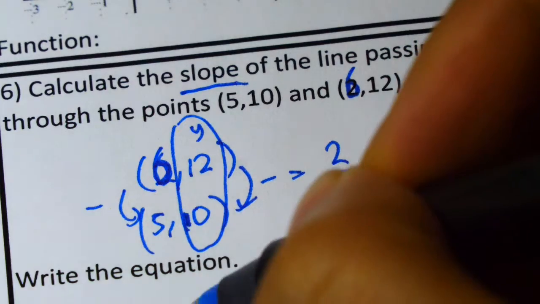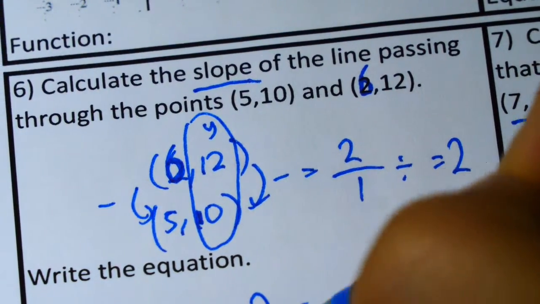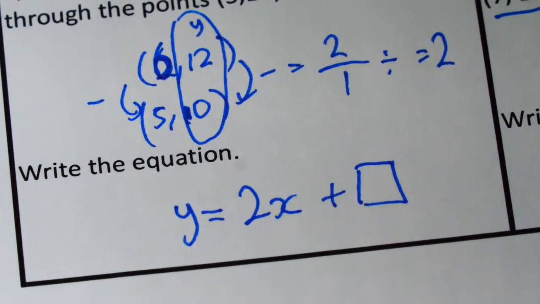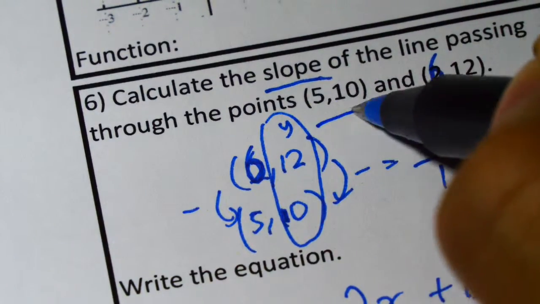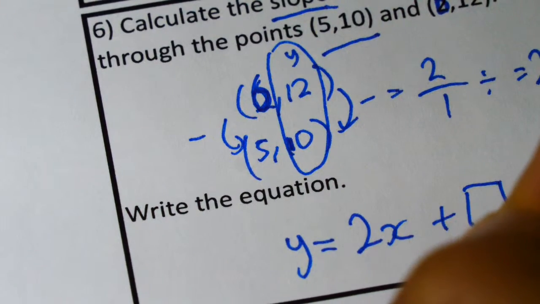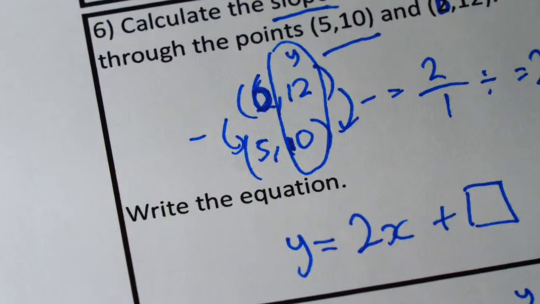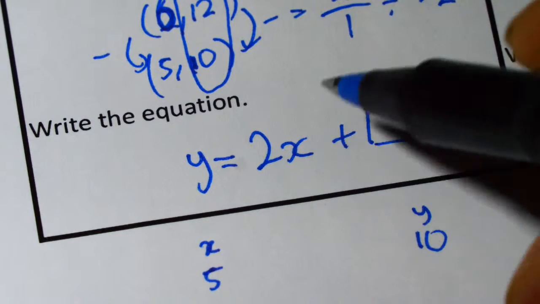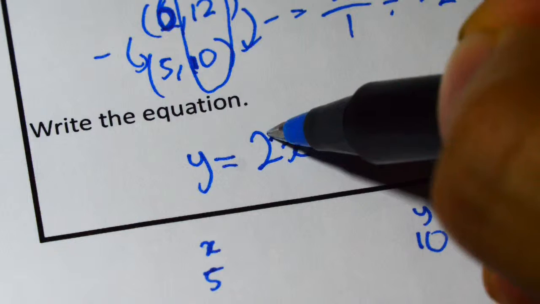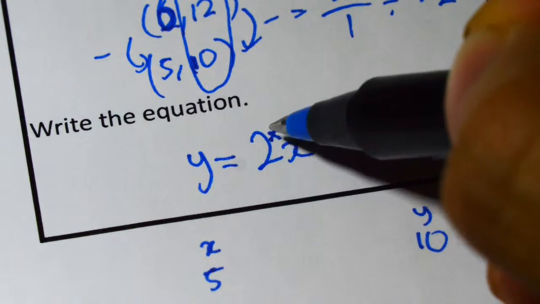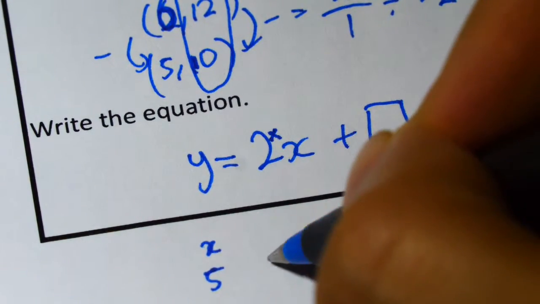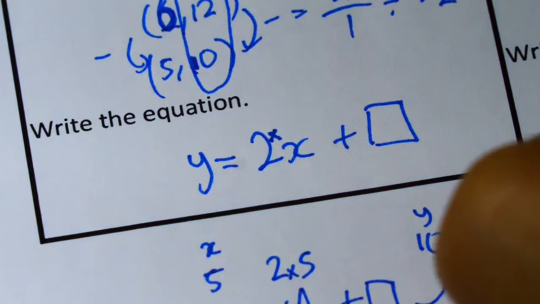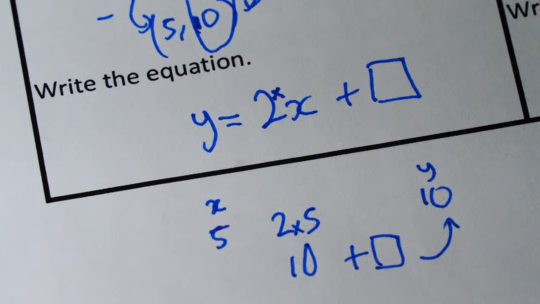So the function starts with y equals 2x plus something. Let's pick one of these points. Let's pick 5, 10. So x is 5, y is 10. Okay, so the function starts with y equals 2x. 2 times 5 is 10. 10 plus something gives us 10.